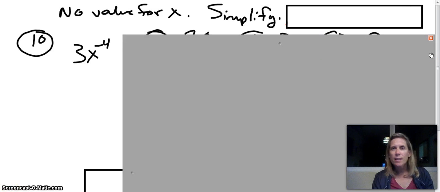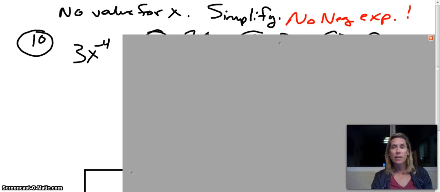Okay, we may be asked to evaluate algebraic expressions that have negative exponents. So that means to put them into simplest form, simplify them. And when we simplify them, we need to know this rule. There may be no negative exponents in your simplified answer.